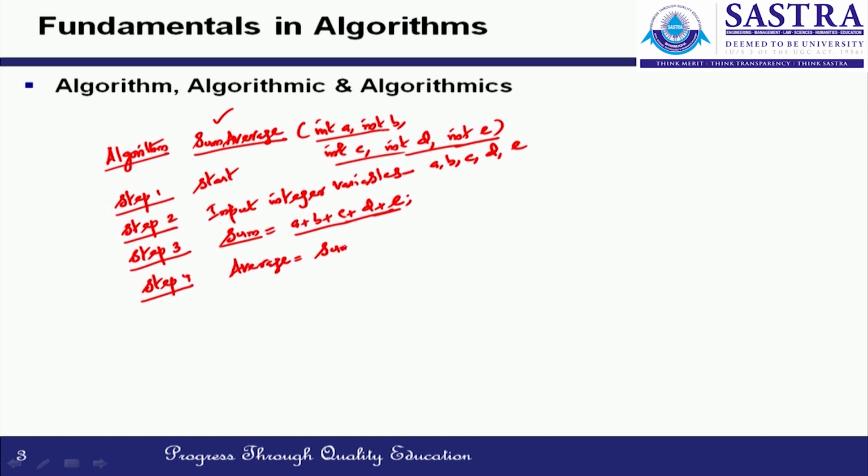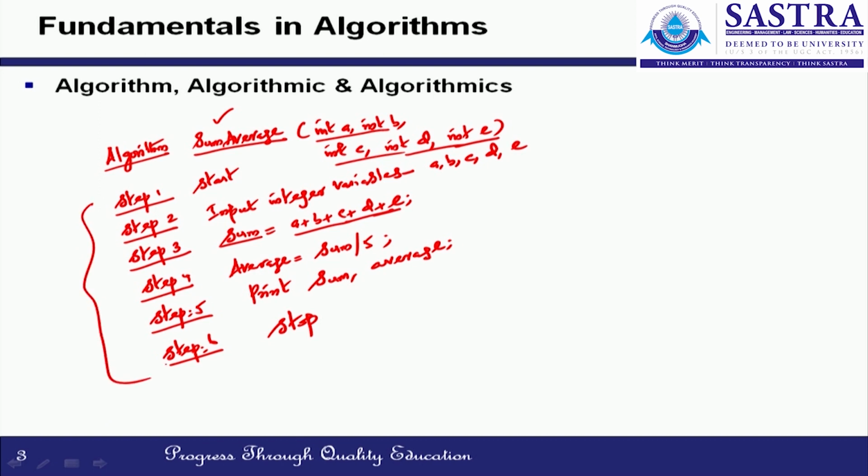Average is equal to sum divided by 5. Step 5, print sum comma average. Step 6, stop.